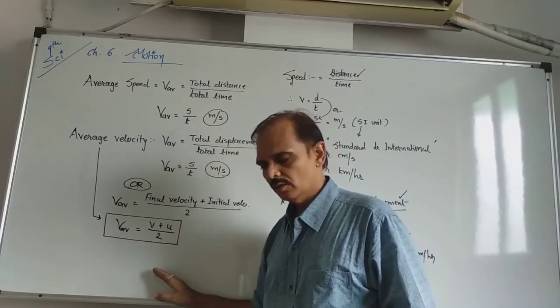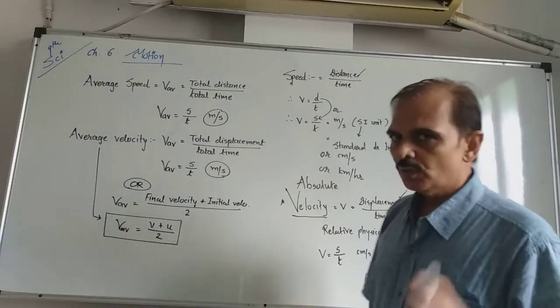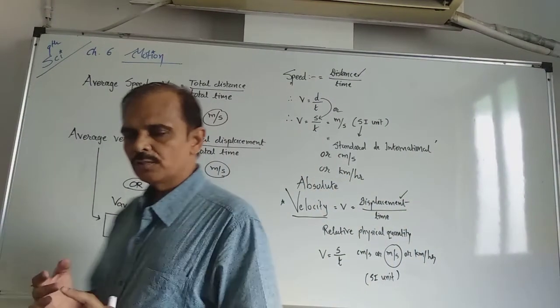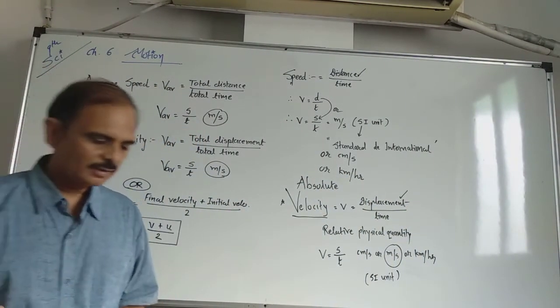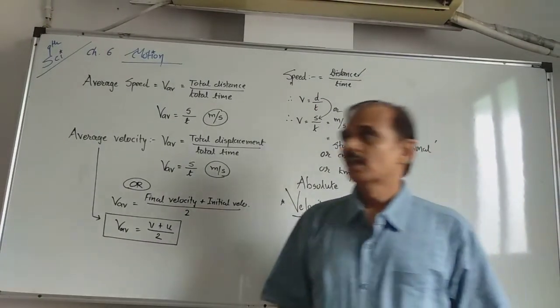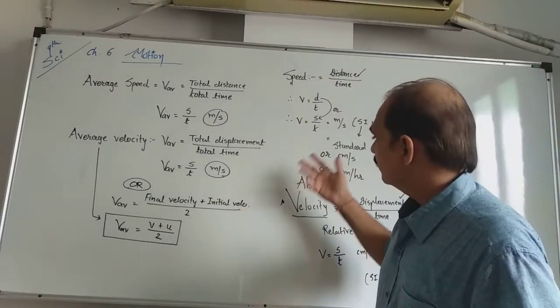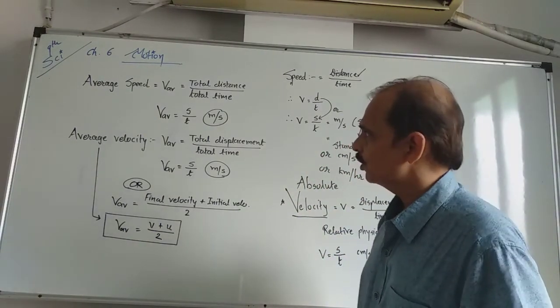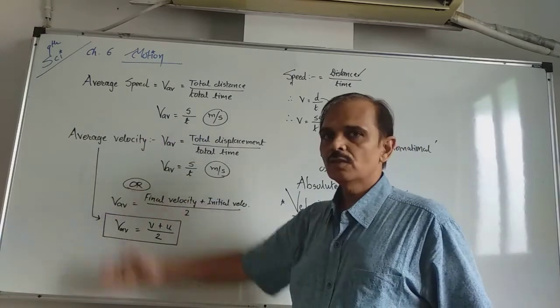Remember this also. Okay, so you have learnt about physical quantities, absolute and relative, right? After that, distance and displacement, time. After that, speed, velocity. You also learned about motion. What do you mean by motion? Average speed and average velocity.